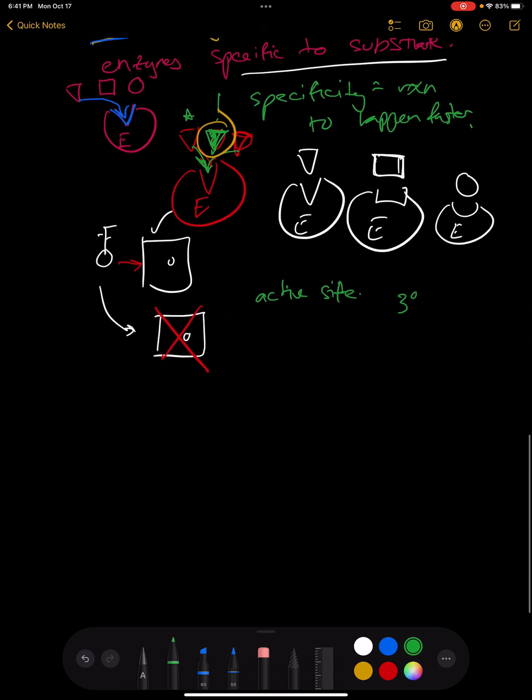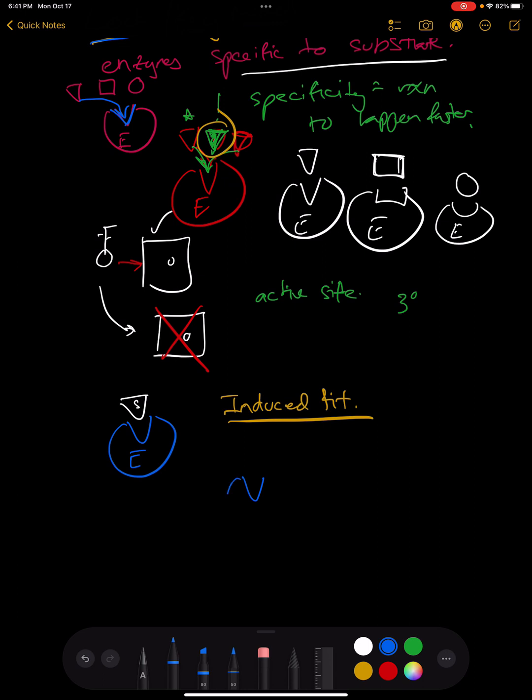So now, when we talk about that enzyme and the active site, there's another idea that we didn't talk about last year, at least I didn't. This is called induced fit. And really what it is, it's kind of precious: if I have my enzyme and I have my substrate, and that substrate fits into the enzyme, because of the interactions of the R groups on my substrate, this enzyme kind of gives it a little hug.